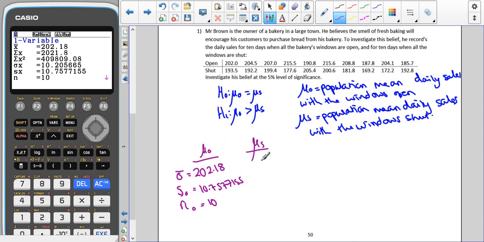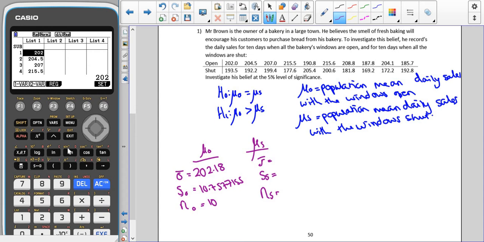Just changing my symbols there so that it matches up with my subscript here. So for S, we're going to have the mean of shut, the sample standard deviation of shut, and the number of pieces of data of shut. So again, delete what we have in there, and then we're going to type in our shut pieces of data.